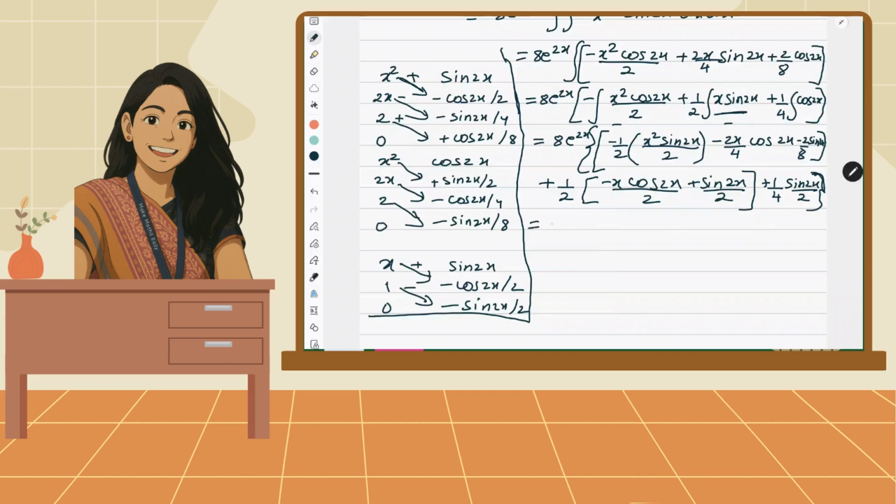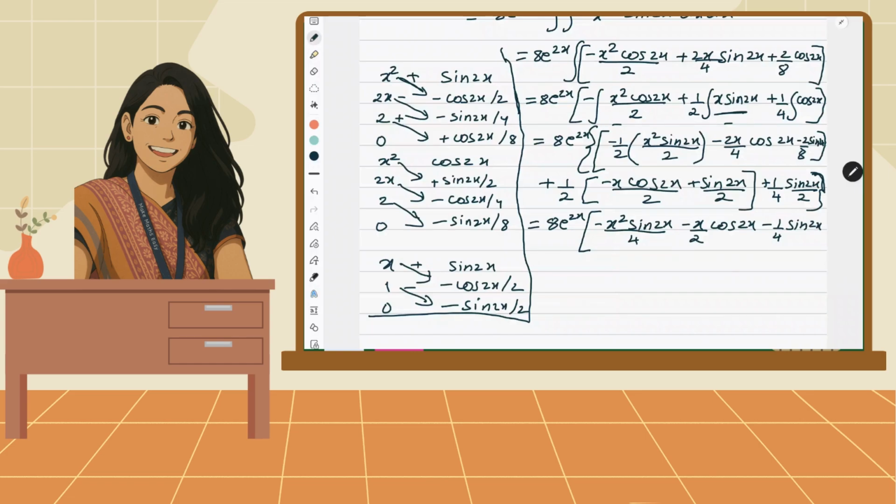Okay, so my answer terms now I need to collect. So 8 e to the power 2x. Okay, now I'll open all the brackets. So minus x square sine 2x upon 4. Okay, minus x by 2 cos 2x, minus 1 by 4 sine 2x.